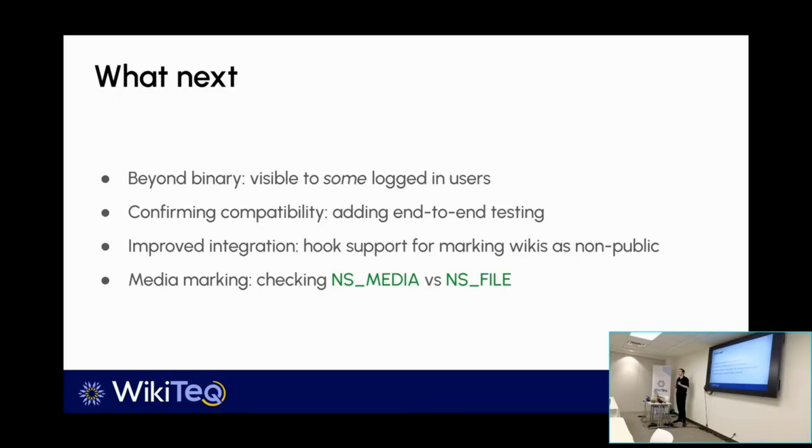But the distinction between a file as a page that exists with a wiki text description, and media as some file, SVG, JPEG, PNG, in the file system, is one that this extension relies on and I think could be conveyed more clearly by using the media namespace in the permission lookups.